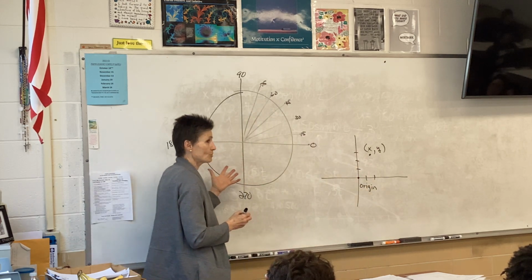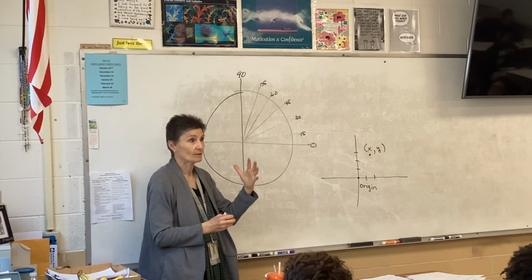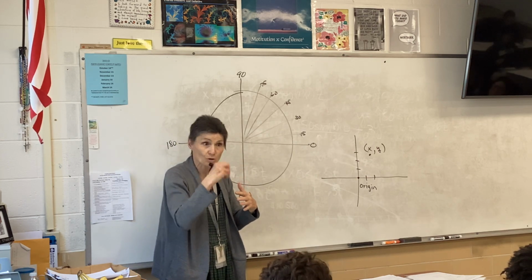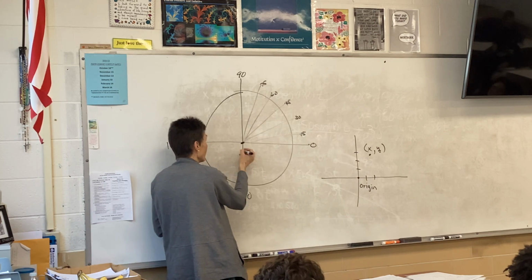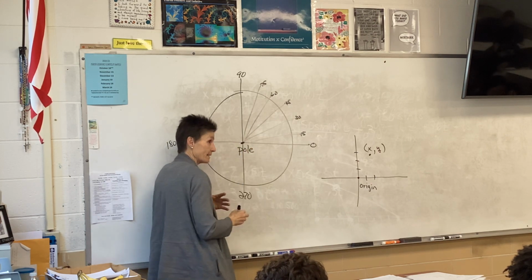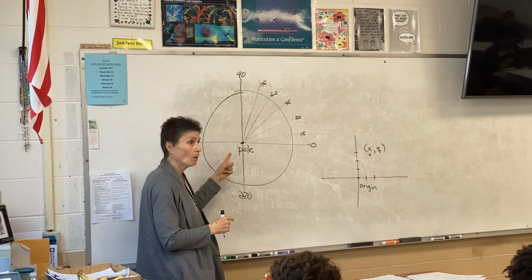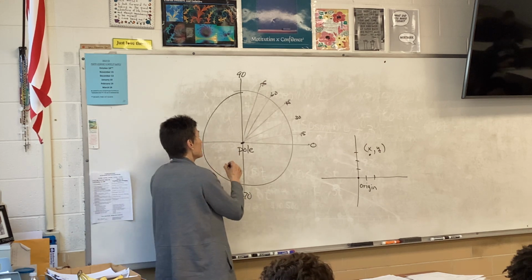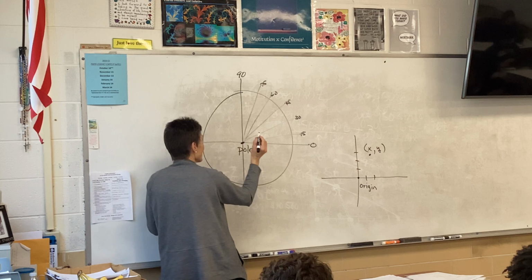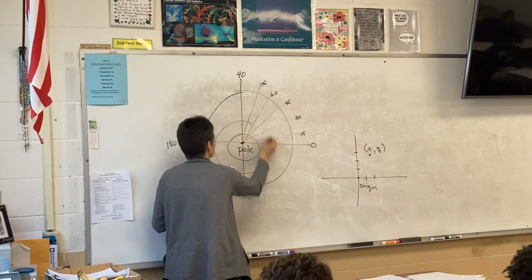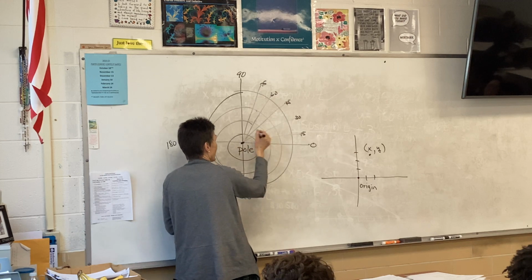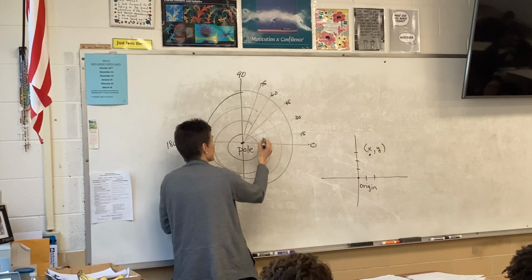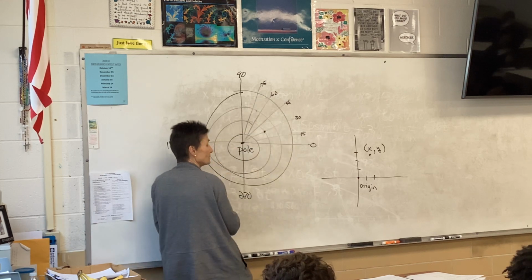In a polar system, it is not rectangular, obviously it is circular, and everything emanates from the point called the pole, like the North Pole, that's the pole. Points are identified in the polar coordinate system, there's a point right there.